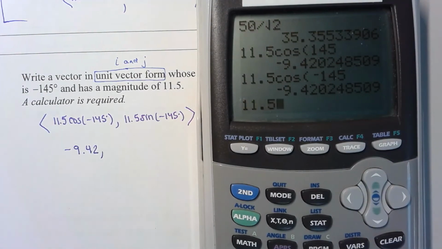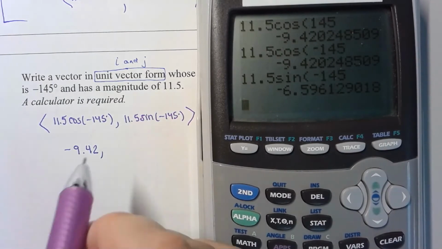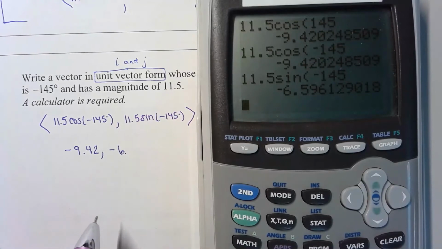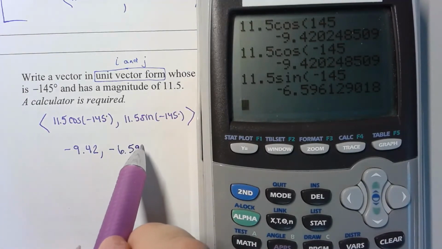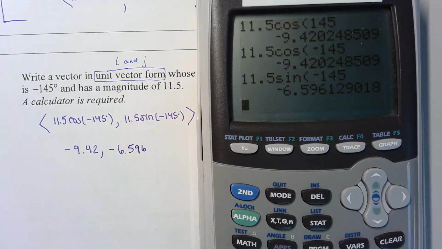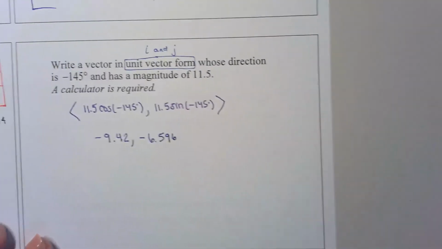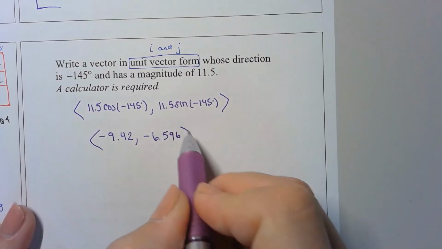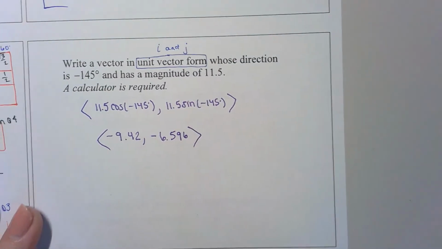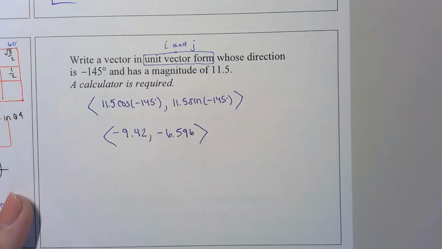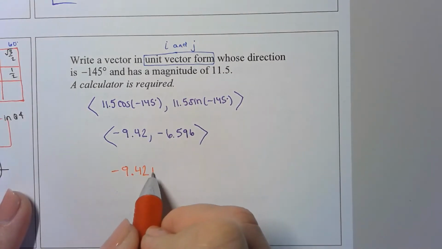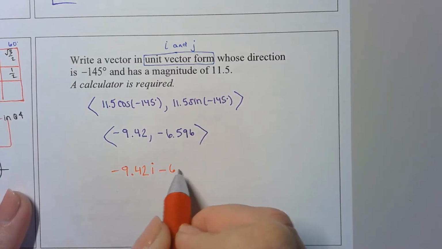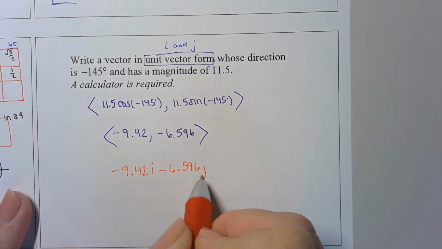And then I need 11.5 times the sine of negative 145, which is negative 6.596. So that's my component form, but they asked us to use unit vector form. Not a big deal, let's just tack on some i's and j's. So I've got negative 9.420i minus 6.596j.